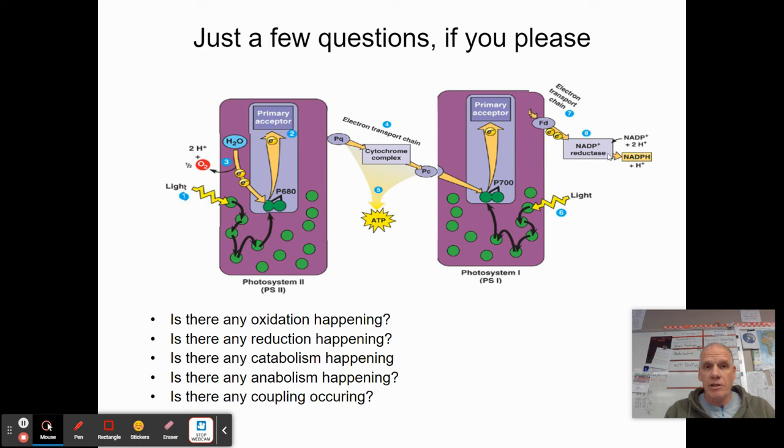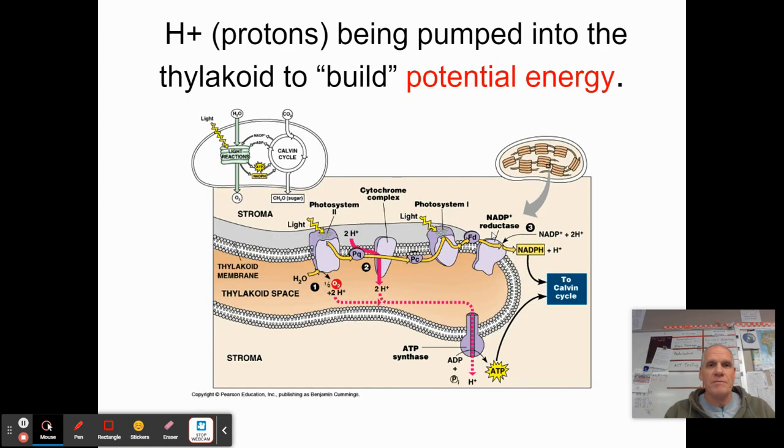Is there any coupling occurring? Yes, there is. We're breaking down water. We're bringing energy in. We're using that energy to make ATP, those high energy electrons. All of that is energy coupling. And again, this process, of course, is the light dependent reaction.